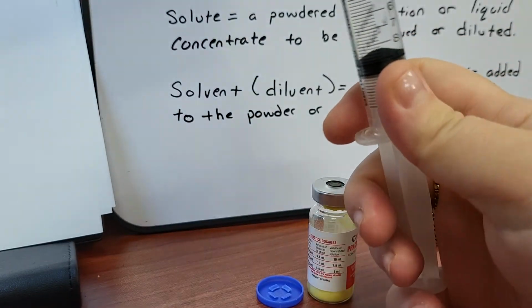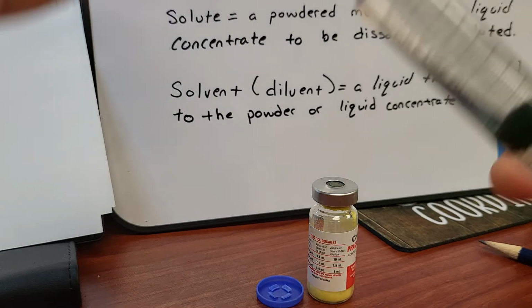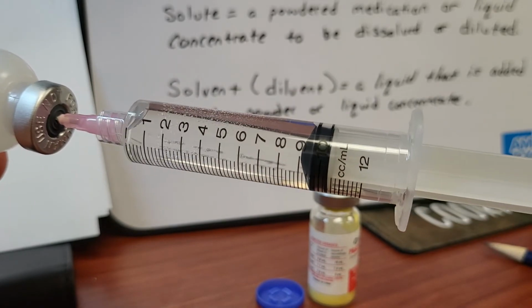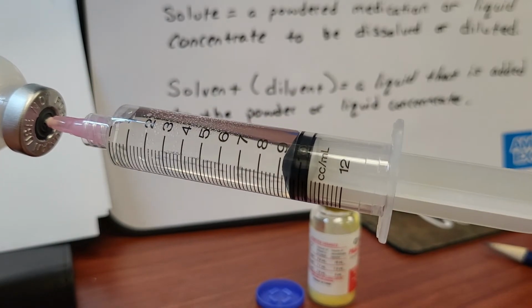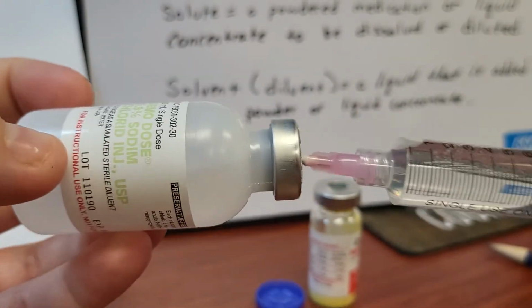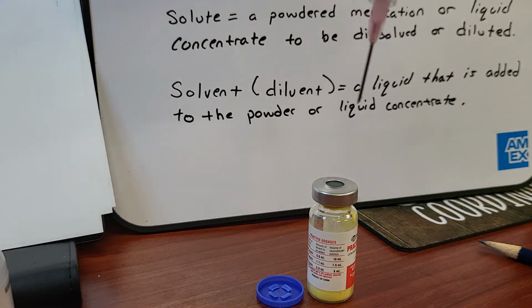Okay, I've got to move off camera because I don't have enough hands to work both. 2, 4, 6. Now I've got my solvent, my diluent. I've got 9.6 mLs of normal saline. Got it out with the same needle.